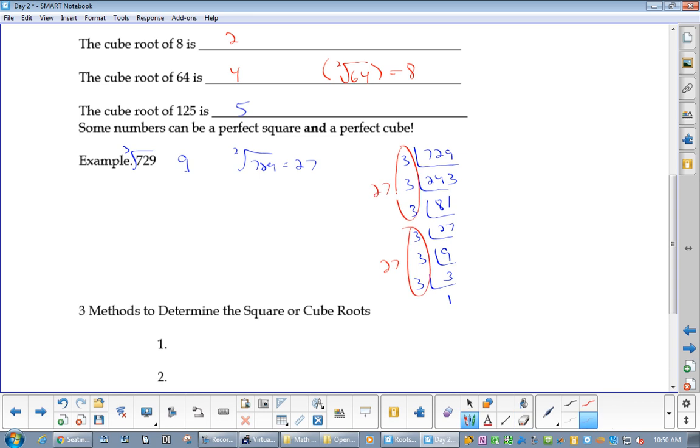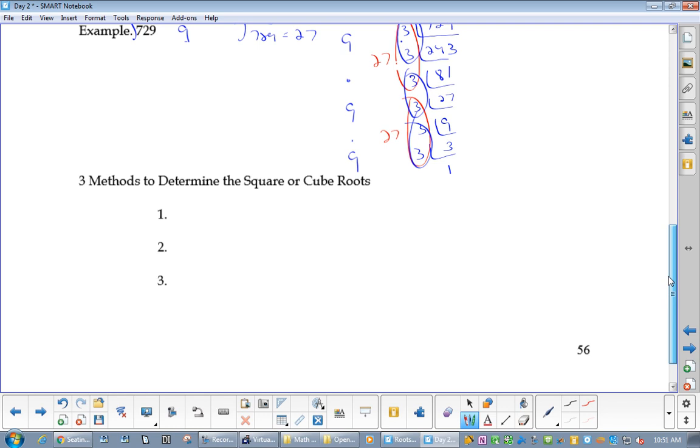But I also have 3 sets of 3s. So that's why I get 9 times 9 times 9. So this is why it works for both. It has perfect squares and perfect cubes.